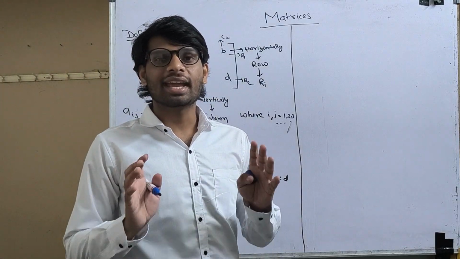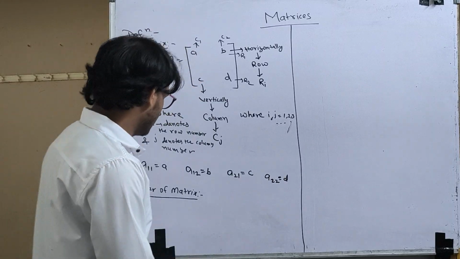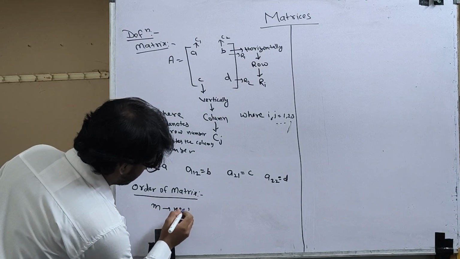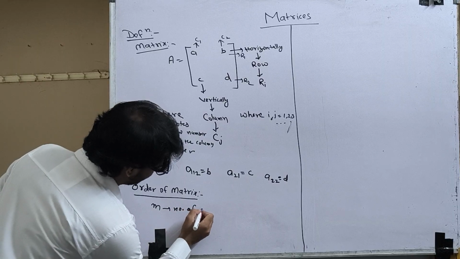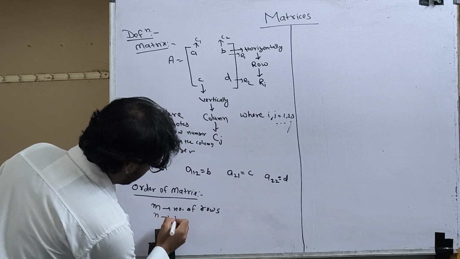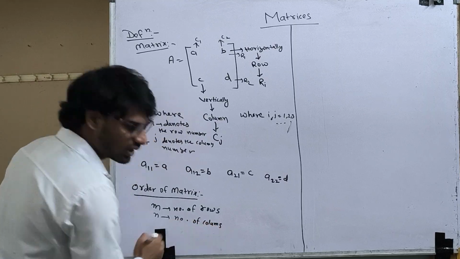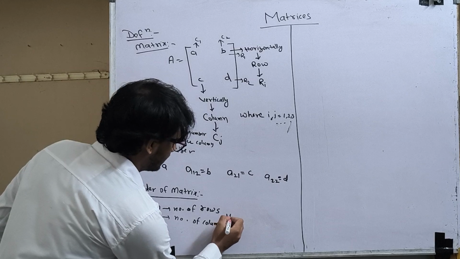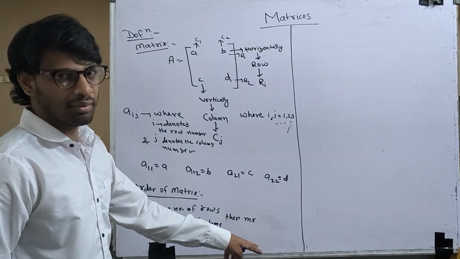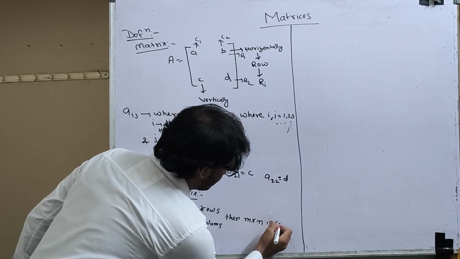If a matrix has m rows and n columns, then m by n is called the order of the matrix. m is the number of rows, n is the number of columns, then m by n, written as m cross n but read as m by n, is called the order of the matrix.